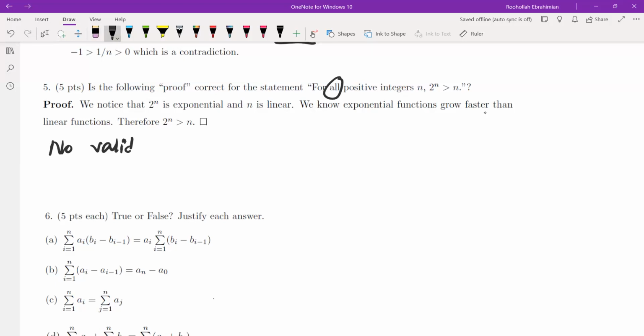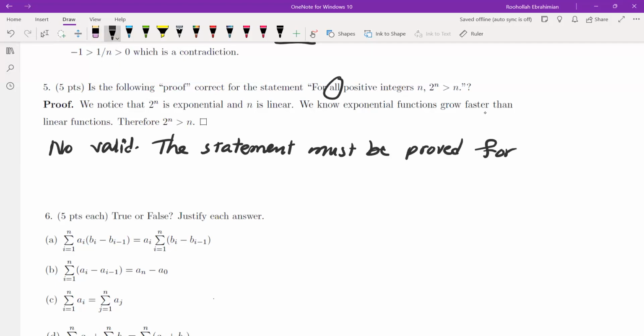Growing faster talks about end behavior of the function. It doesn't talk about what happens at the beginning. So the statement must be proved for all n, for every positive integer n.